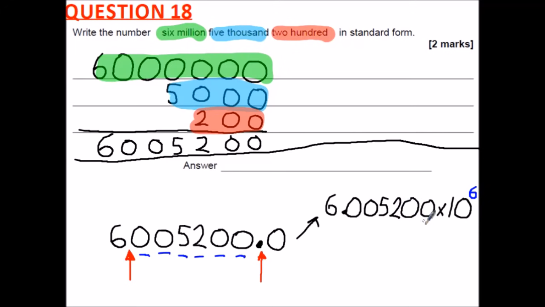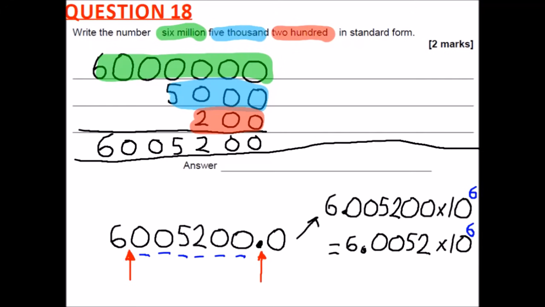Now these last zeros, the trailing zeros at the end of a decimal number, you don't need. And so what you can do is simplify it down slightly further and just put 6.0052. Forget them two zeros. Times by 10 to the power 6.